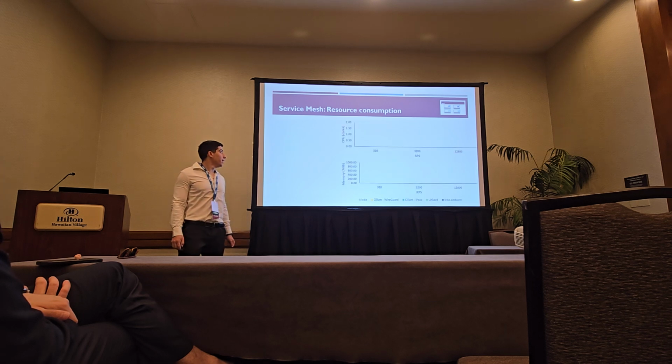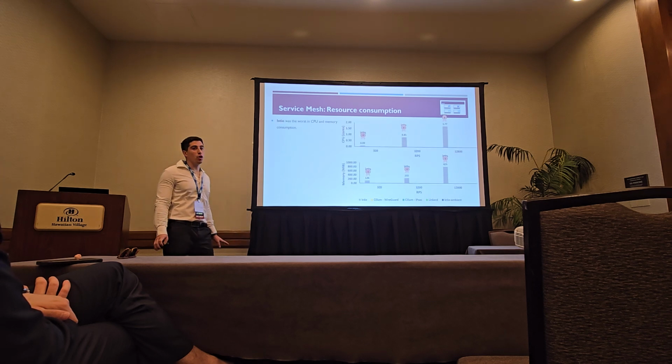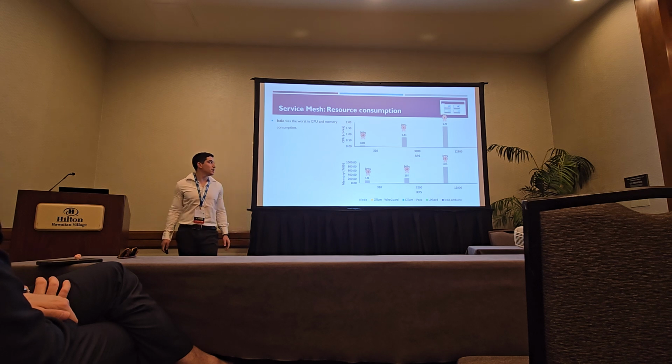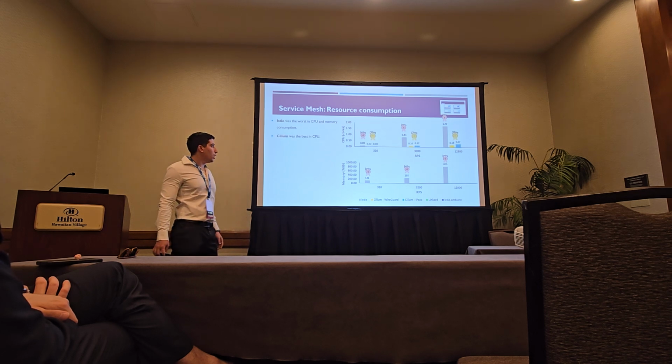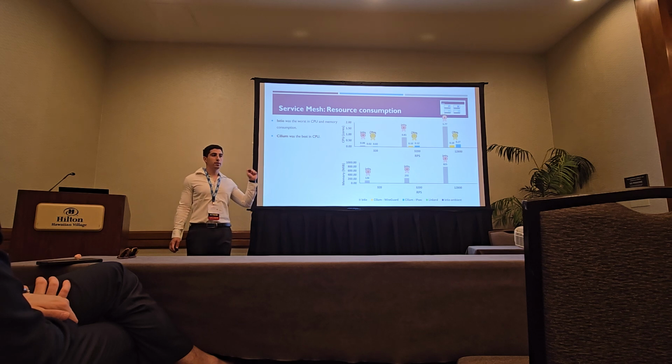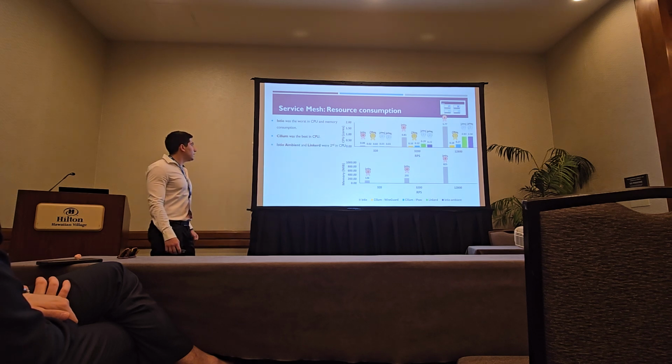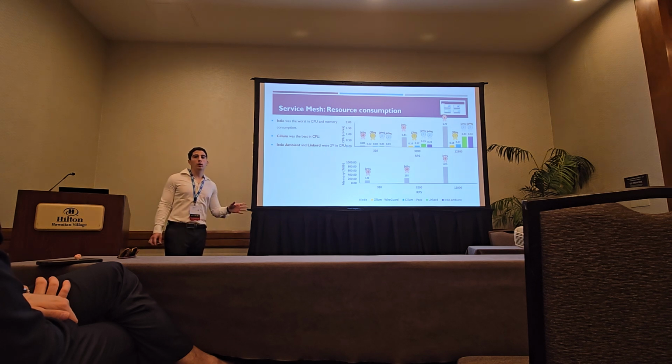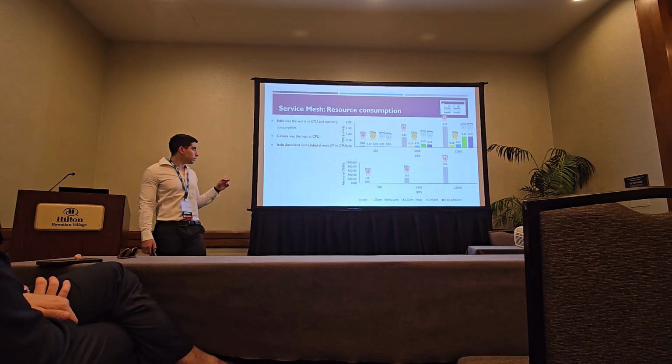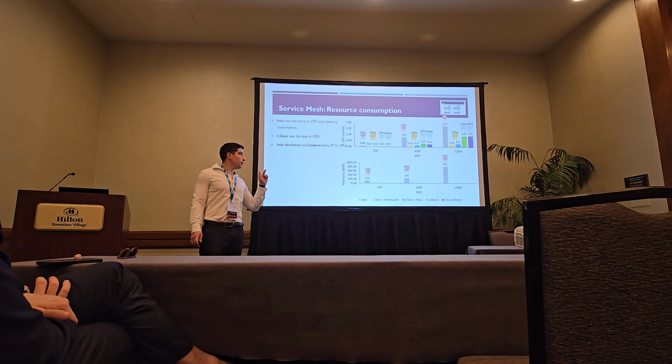First, we again have Istio, which was the worst in terms of memory and CPU consumption. Then we have Cilium, which was the best in terms of CPU this time. Again, sidecarless. Then we have Istio Ambient and Linkerd, which performed about the same in terms of CPU and got second place.